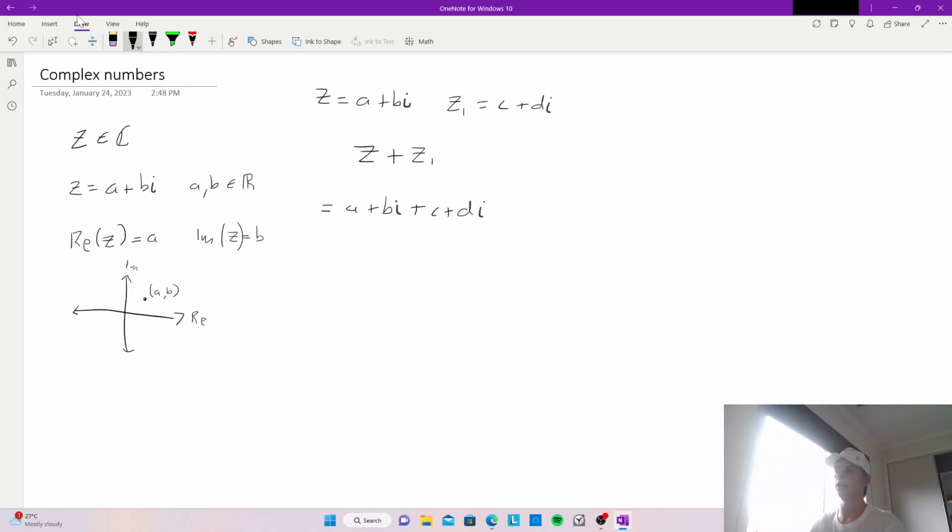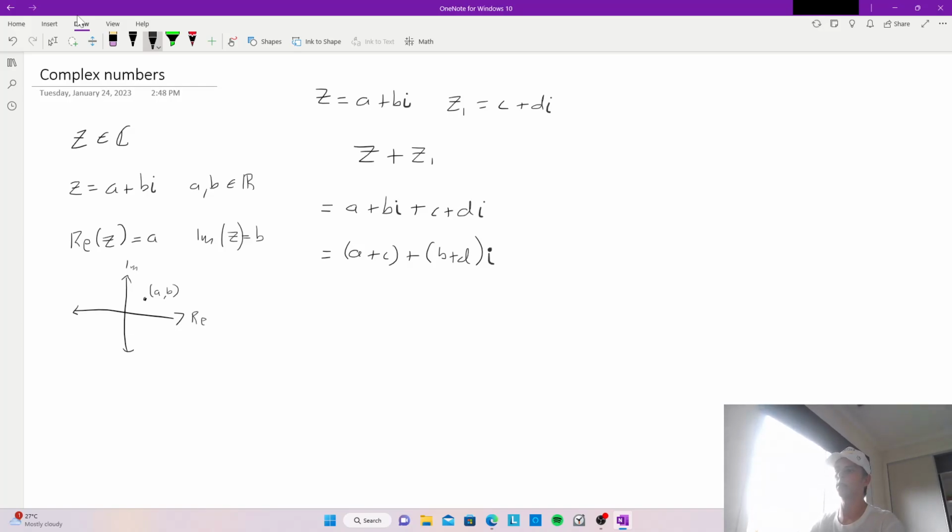And when you're adding complex numbers, if there's a real and an imaginary part, which there is, you can only add them to their own part. So we're going to add our real numbers, which is a plus c, those in brackets are our real numbers, and then we can add our imaginary numbers, which is b plus d, times i.